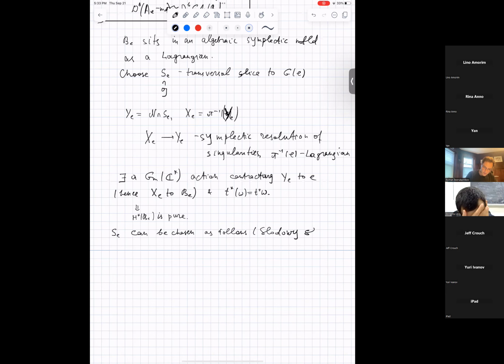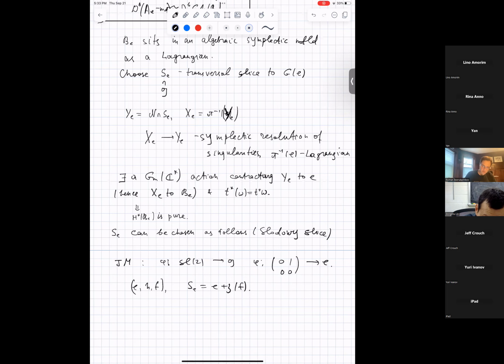Using the Jacobson-Morozov theorem, you find a homomorphism phi from SL2 to G, with phi of the nilpotent matrix equal to E. Then there is the sl2-triple E, H, F, and you can take S_E to be E plus the centralizer of F. And everything works out beautifully.